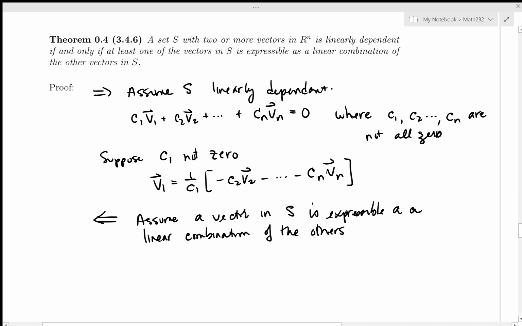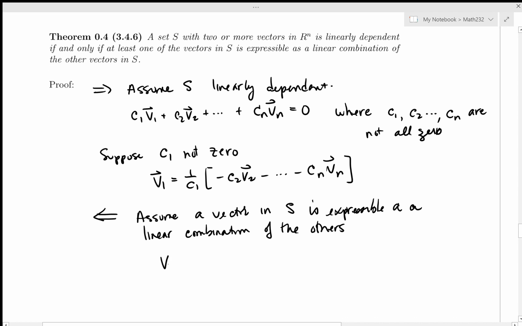Okay, let's just write down what that means. That means, for example, V1 is expressible as a linear combination. Let me just, because I know I'm going to flub this, I'm just going to call this C2, C3. Otherwise, I'm never going to be able to do this. V3 plus dot dot dot plus Cn Vn.